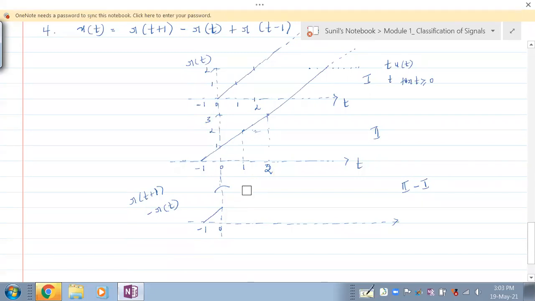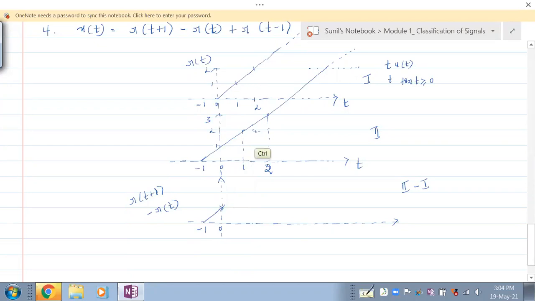So from 0 onwards, what's happening? Can you just see what's happening from 0 onwards? See, from 0 onwards, this is 0, this is 1. Everybody understand that? At 0, you have 0 here. At 0, we have 1 here. So 1 minus 0 would be 1. Fine. Now at 1, you have 2, but at 1, you have 1 here.